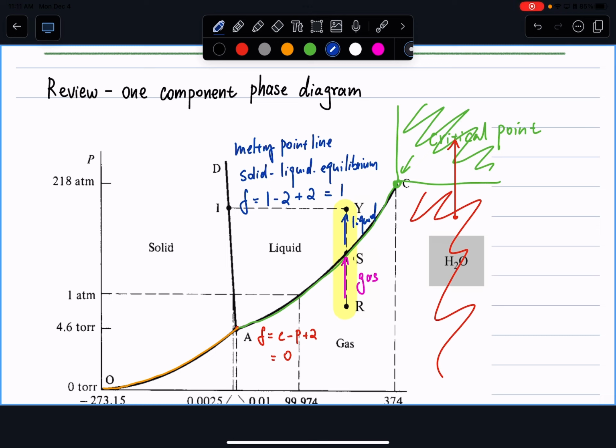We're talking about the transformation between R to S, so that is a gas phase process. All right, so what do we know about the gas phase? We have dG equals VdP. Now let's assume we have ideal gas.